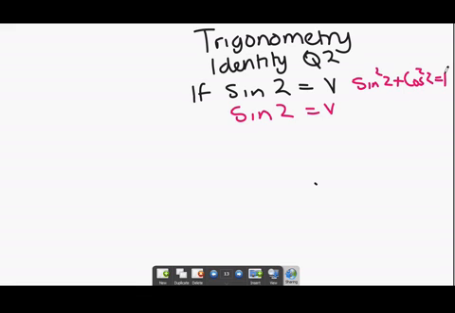That identity, we know it. So which would then mean that sine squared 2 plus cos squared 2 is equal to 1, which means if I want cos squared 2, it's equal to 1 minus sine squared 2. Do you see that?